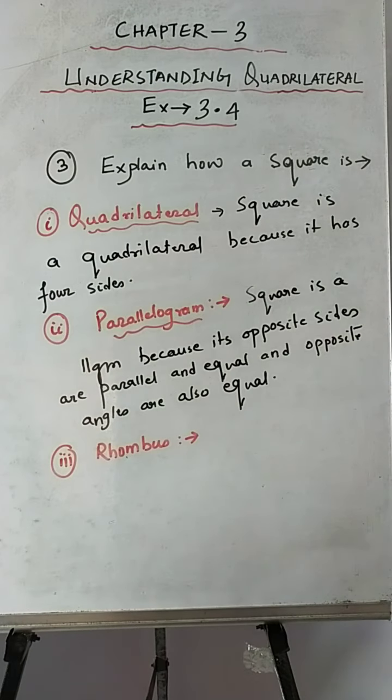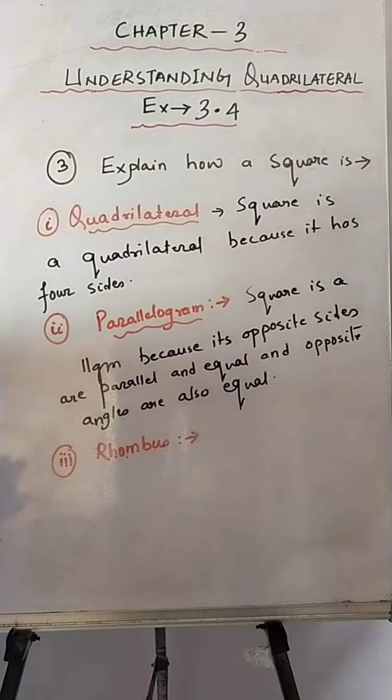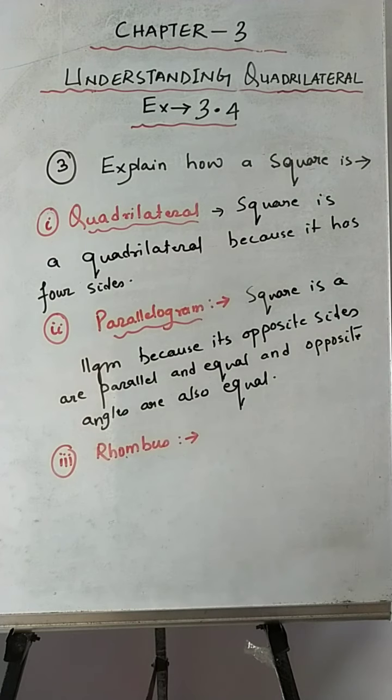Understood? So the question can come in both ways. So why is a square a rhombus?